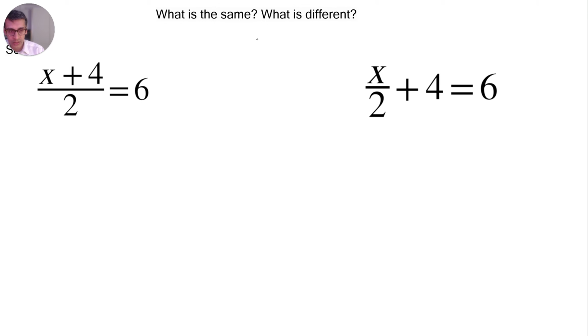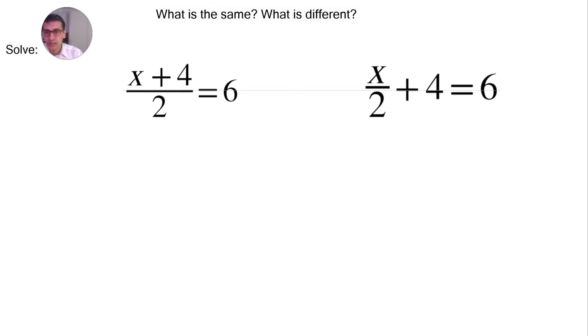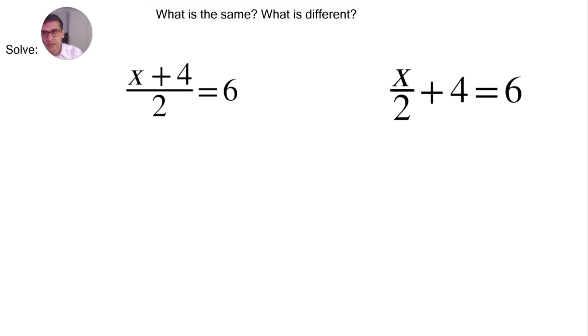So the second thing we're going to look at before you practice is how to solve a question like this. Now you may notice there's a small difference, very subtle, but quite important between these two questions. You can see that in this case, this whole thing is being divided by 2.